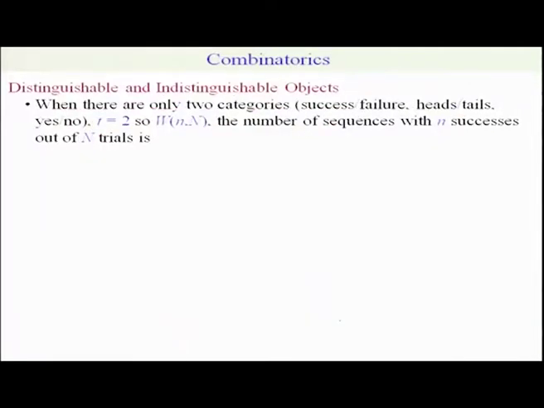So, let us consider a case where you have only 2 categories, such as success or failure, heads or tails, yes or no. In that case, if t is only 2, you can write W for n1 successes.